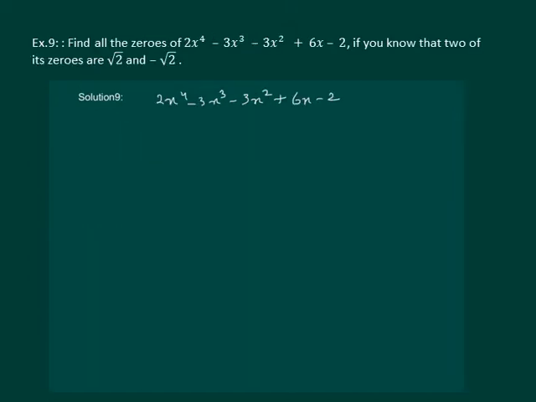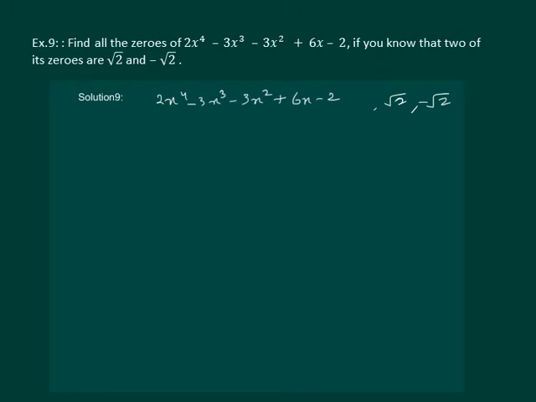Let us read the question. Find all the zeros of the given polynomial if you know that two zeros are root 2 and minus root 2.